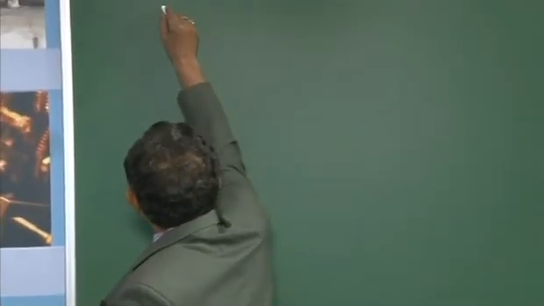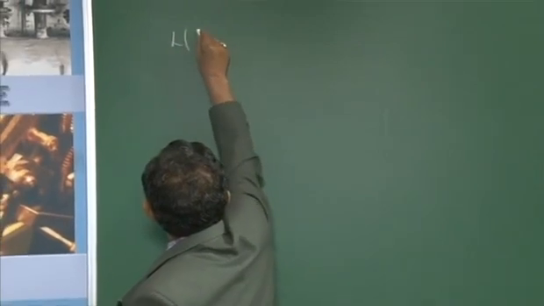Hello students, in the previous session we did the properties of Laplace transform. One of them is the Laplace transform for periodic function. And what is Laplace transform for the periodic function?